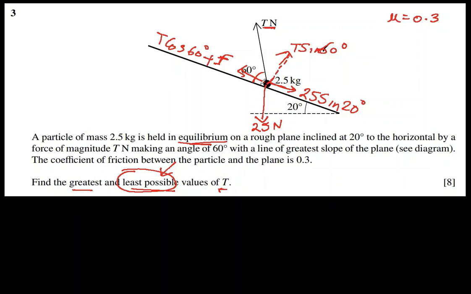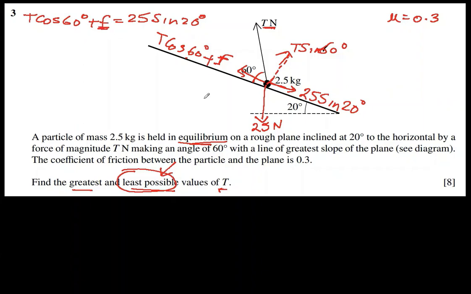Then only it will be in equilibrium, and this will be the least, because frictional force is reducing it to the least possible force. So T cos 60 degrees plus F is equal to 25 sin 20 degrees.